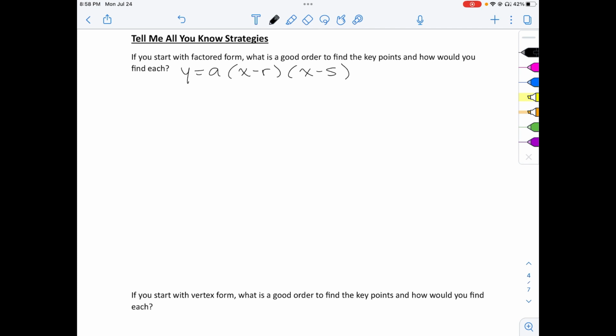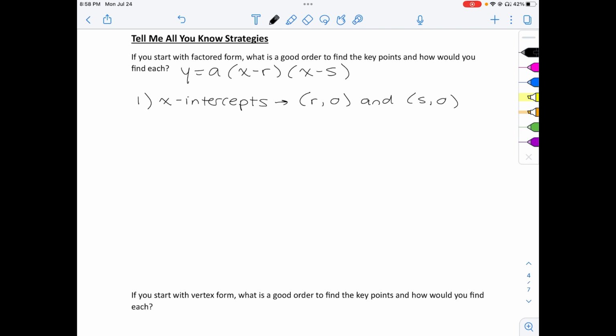the most logical thing to determine first would be the x-intercepts, okay, because they're stated explicitly for you in the equation. So first I would find the x-intercepts, and they're given by (r, 0) and (s, 0).